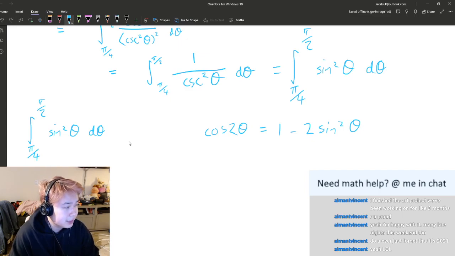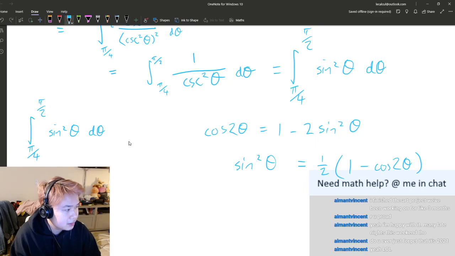And then we can write sine squared theta as 1/2 times 1 minus cosine 2 theta.